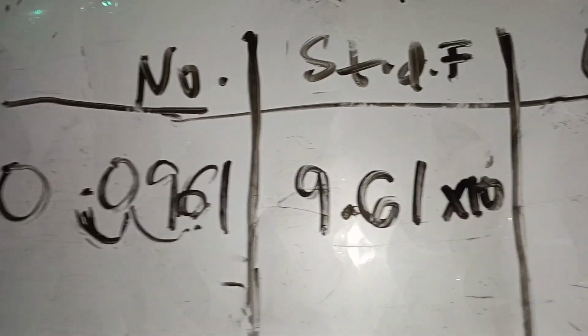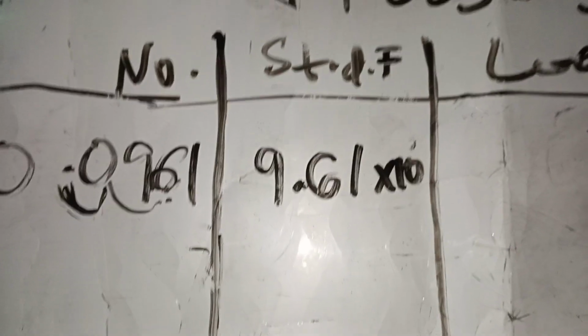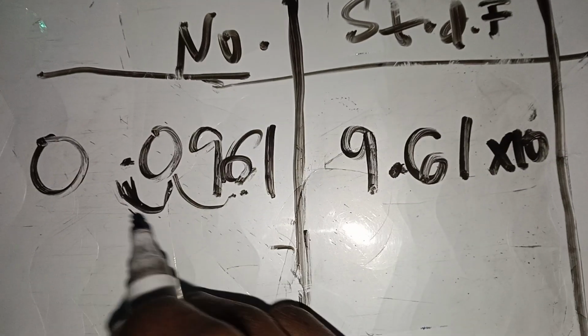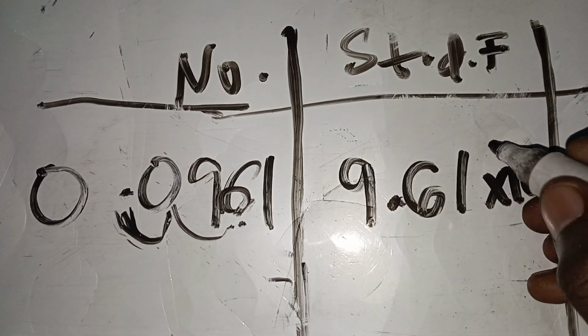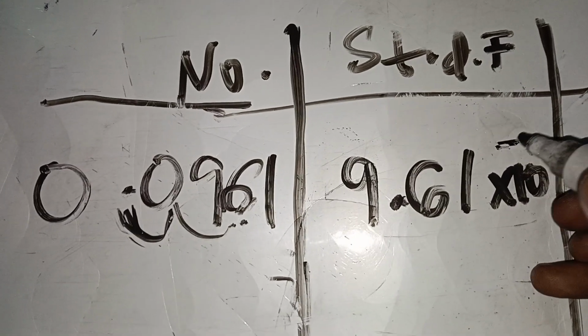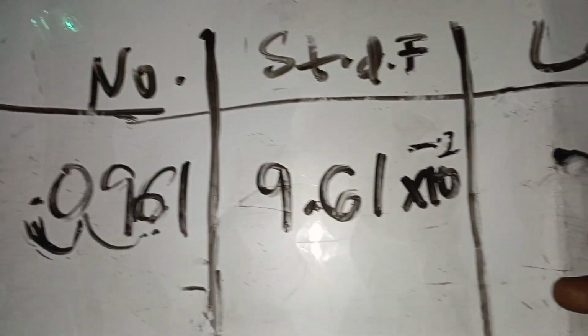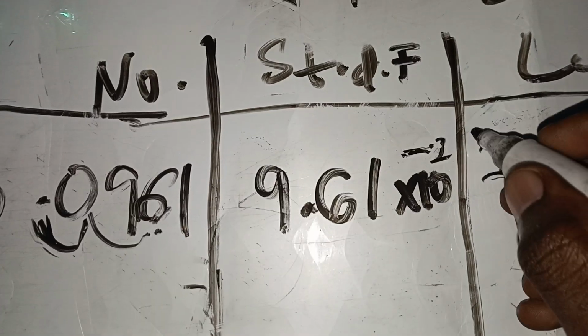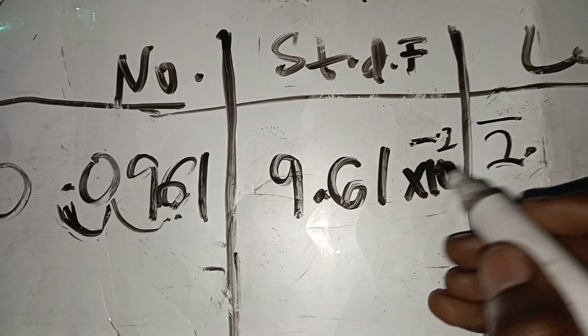We count how many decimal places we have removed. So 1, 2 here. So we put -2 because if you move a decimal, it is a -2. So here we'll put bar 2. We'll write it like that because of this -2.